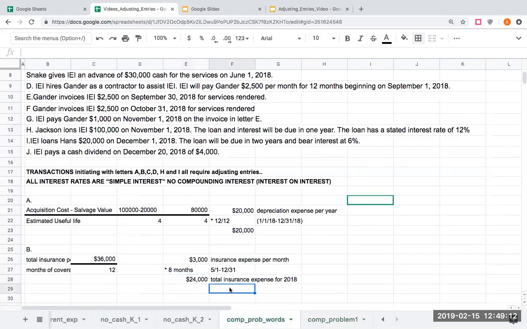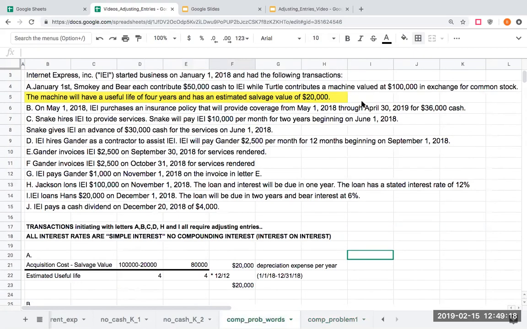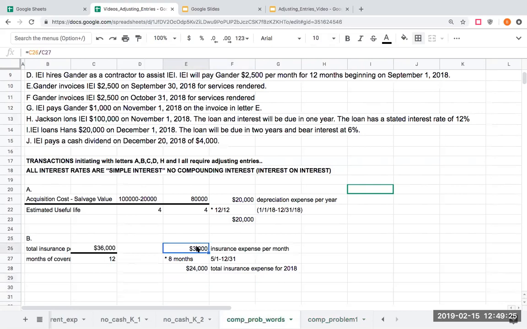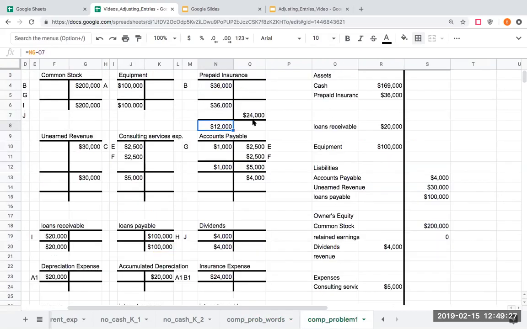I have remaining coverage from January 1st through April 30th. So that's January, February, March, April, or 4 months. That 4 months times $3,000 per month is $12,000. So that's how I know I have at least done this part of the question correctly.